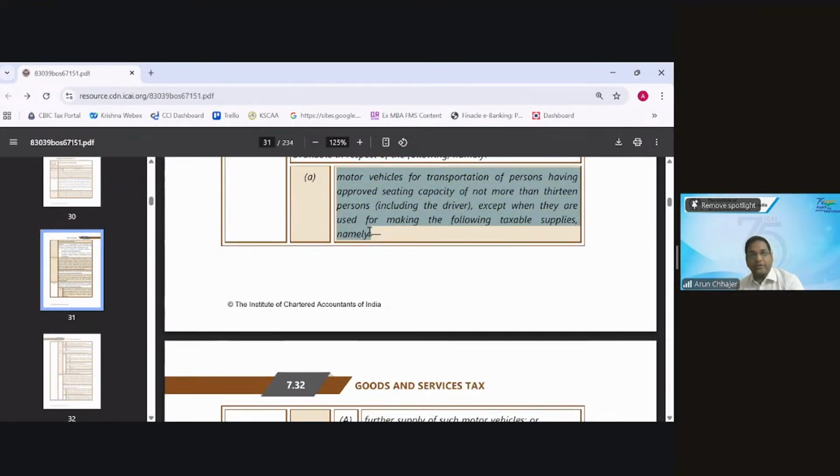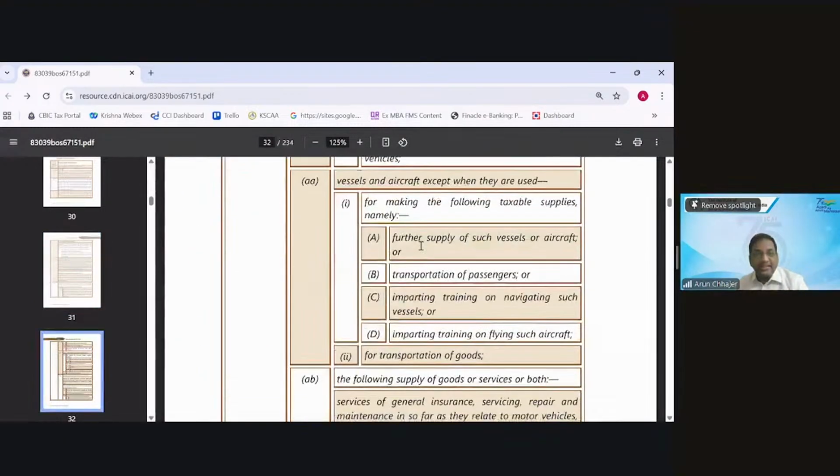It should be for transportation of person, it should be for up to 13 seater, no. They are saying vessel and aircraft will always be under block category except for the below four purposes. All purposes are the same: further supply of such vessel, transportation of passenger, imparting the training on the vessel, or imparting the training on flying of such aircraft.